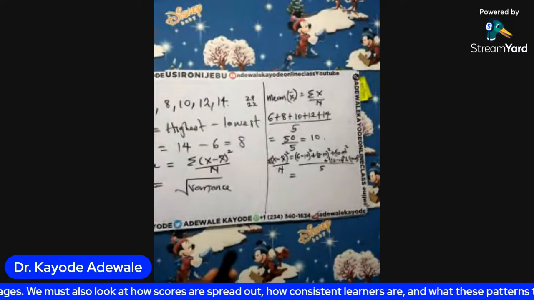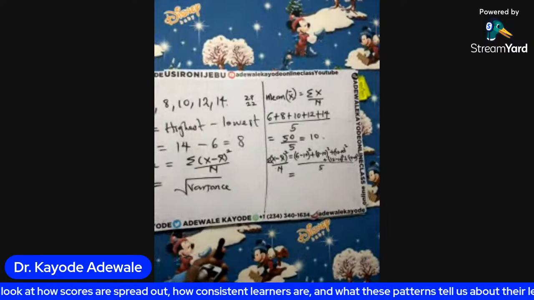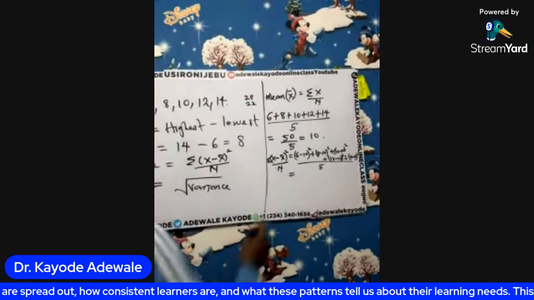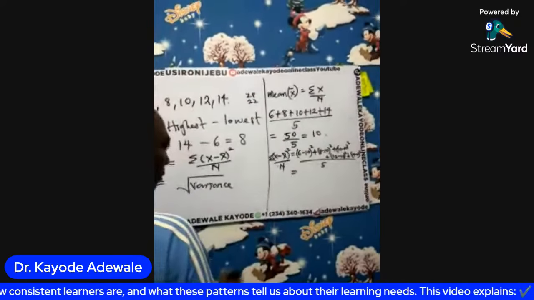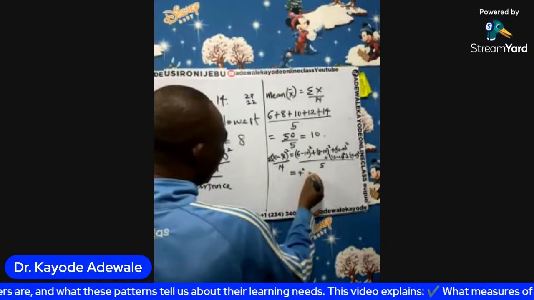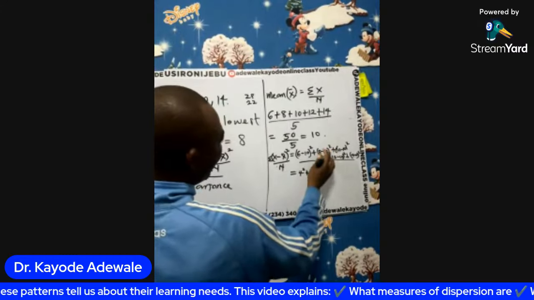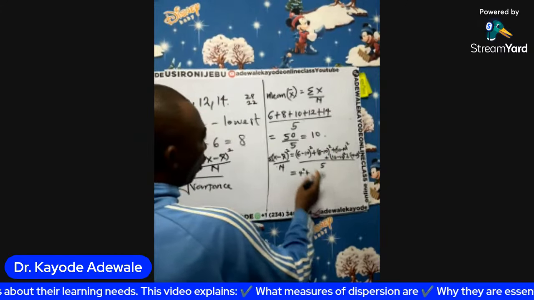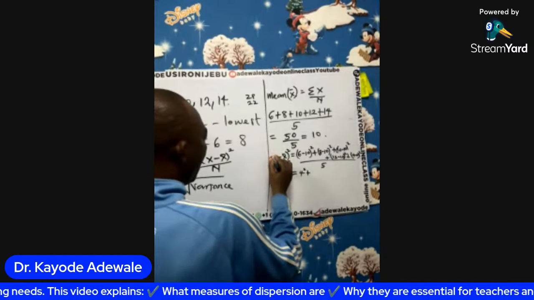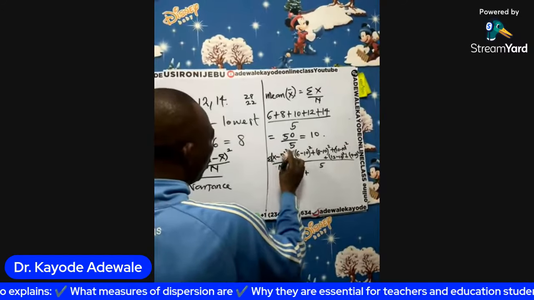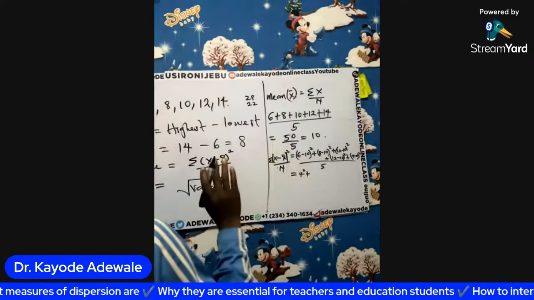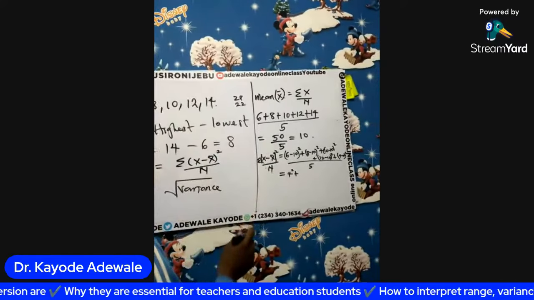I'm sure it is clear in that way. So when you come here now, take 10 away from 6. That is minus 4 squared. Plus, take 10 away from 8. Don't forget that this is an absolute value. So even if you get a negative, the absolute value will make it positive.